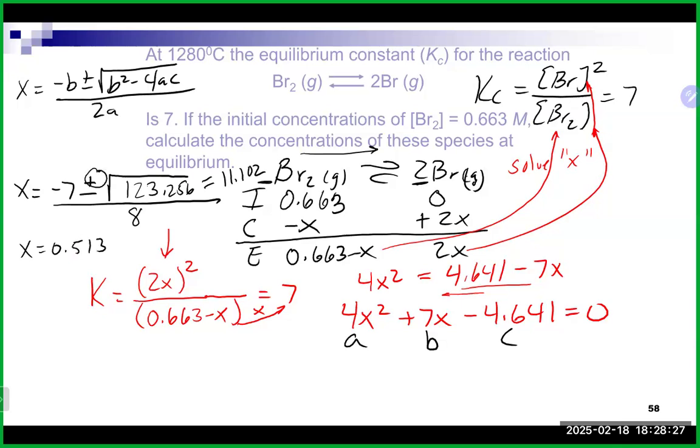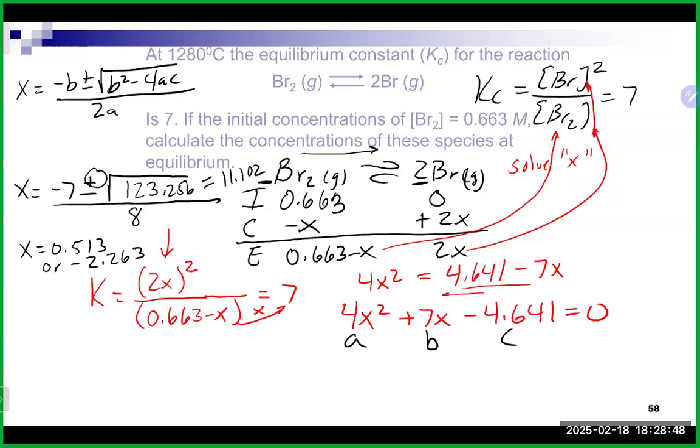Now we're going to do the subtraction way. Minus 7 minus 11.102 divided by 8 gets us a negative 2.263. First off, any questions on either of those?